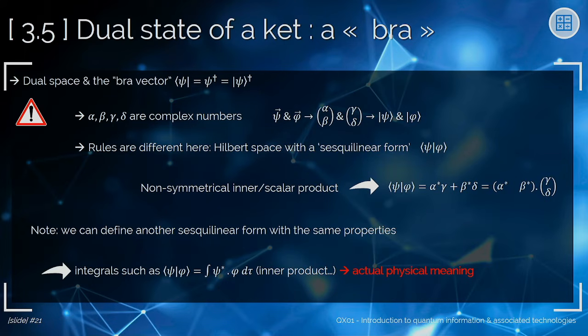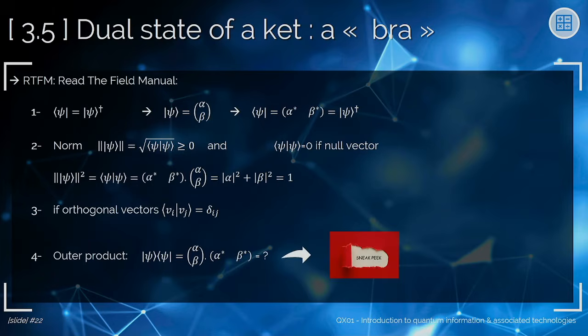Okay, so now we've introduced that, and we can deduce a lot of different properties. For that, just read the field manual. RTFM originally means read the field manual, where you would have many properties that are the equivalent of what you have in the standard scalar product in Euclidean geometry.